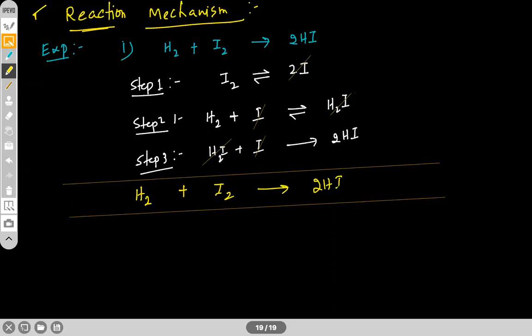But in these 3 steps, we have to consider only the slowest step, the rate determining step. The first step is fast, this is also fast, and the third step is the slow step. So this step is the RDS of the reaction. We find the molecularity from the number of reactant species involved in the rate determining step, which is 2, H2I and I. Hence, the molecularity of this reaction is 2.